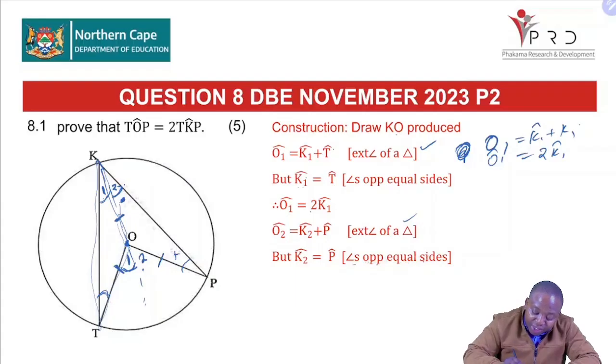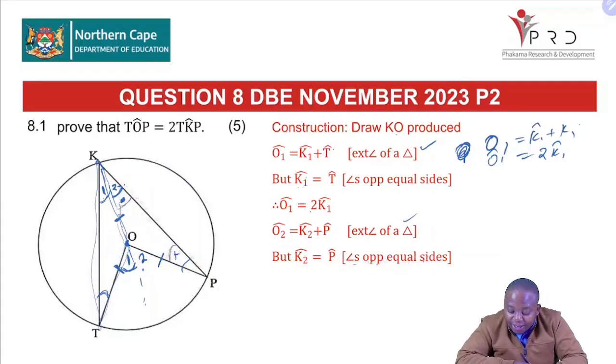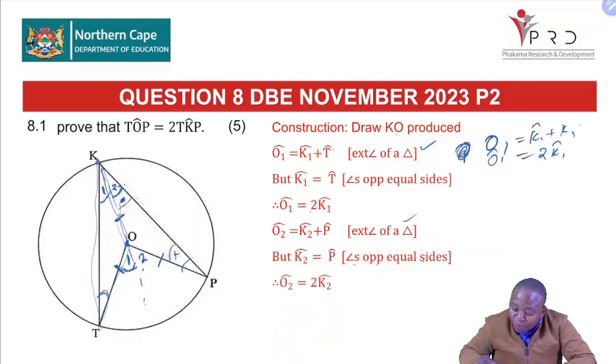We have an isosceles triangle right there, then we know that the base angles are equal in this case. Therefore, O2 is equal to K2 plus, again, P is equal to K2. So I can substitute that, replace the P with K2. Then we know that our O2 is now going to be what?